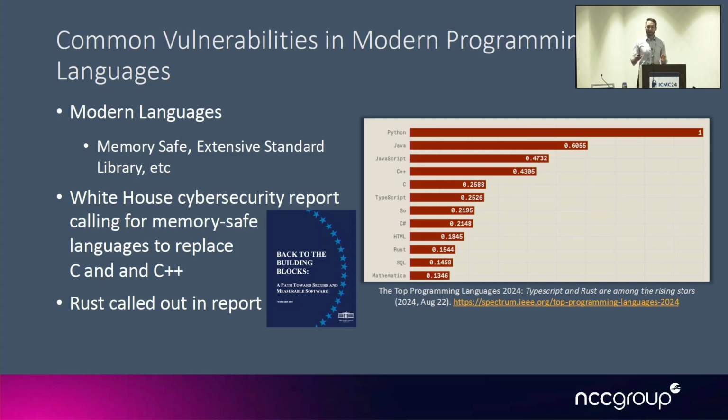The subtitle of that article is how TypeScript and Rust are among the rising stars of programming languages. You might not really be able to see it, but Rust is still kind of low here. TypeScript is a little bit above it. We see that Python, Java, C, C++, the usual suspects, are still very much in use.